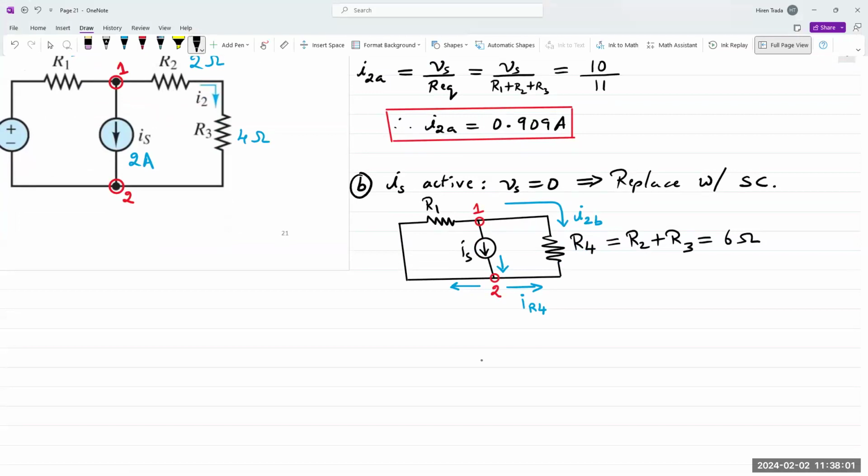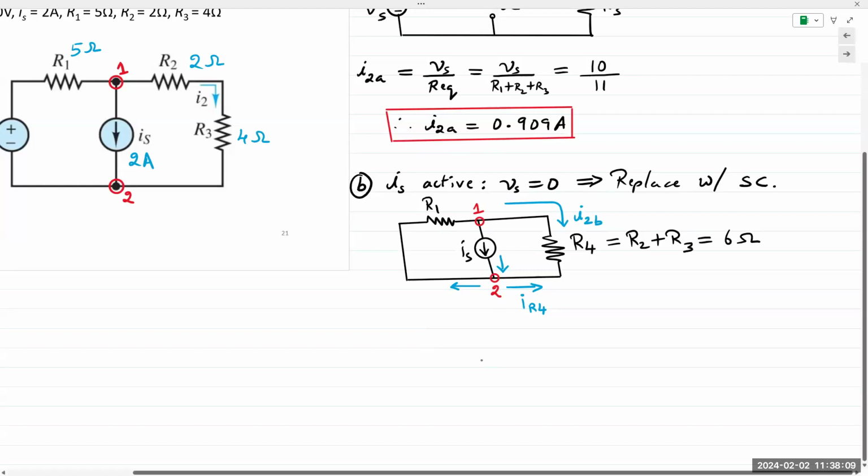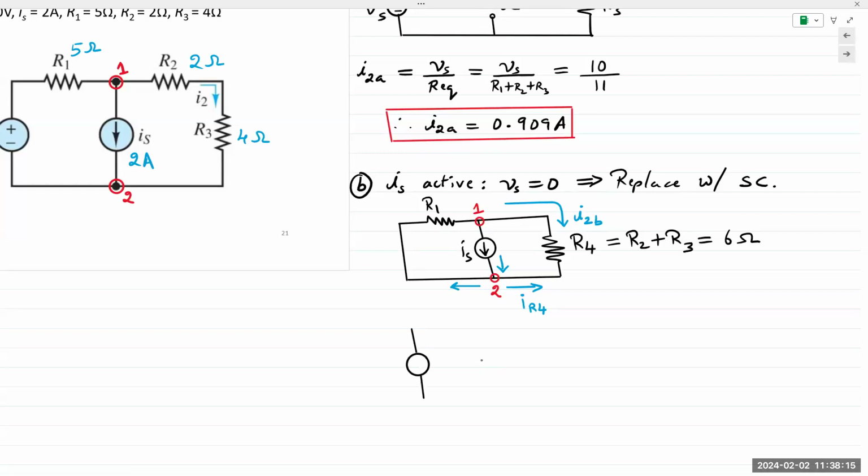So if I was to reduce the circuit to REQ, this is REQ.